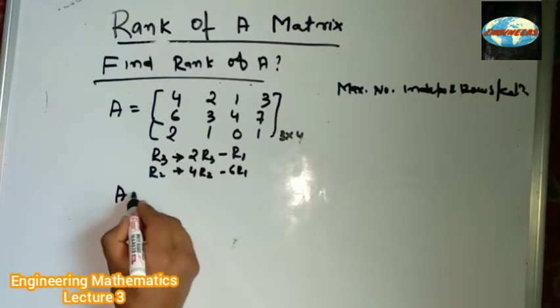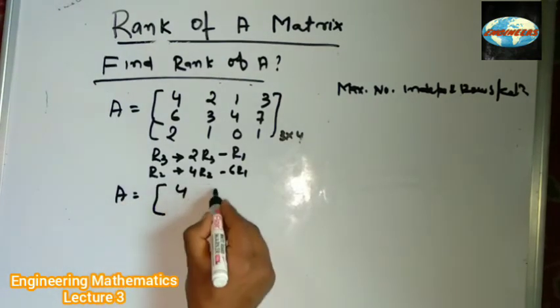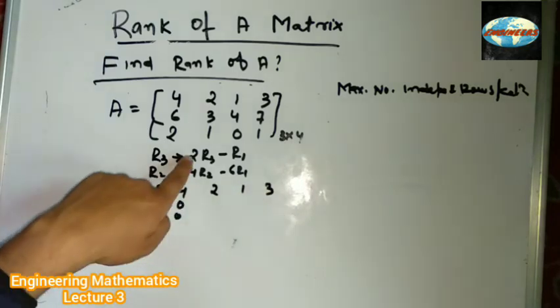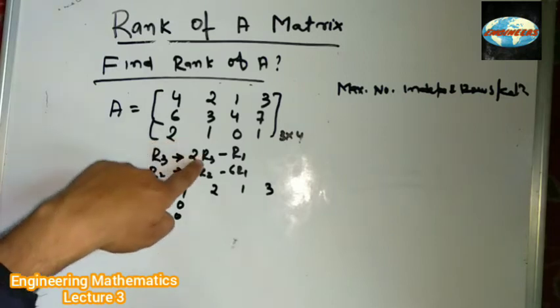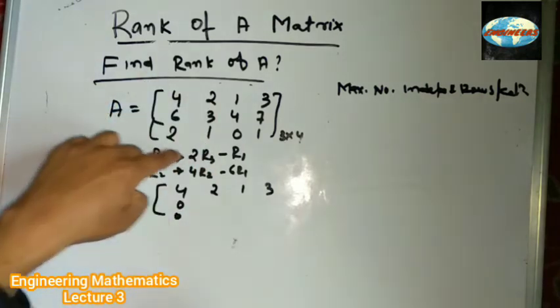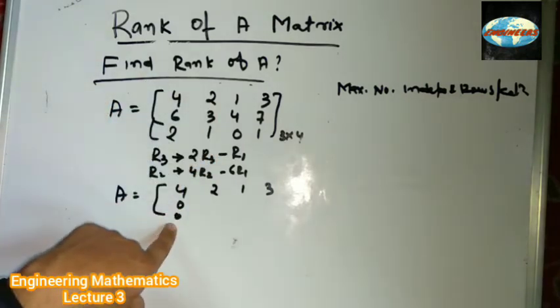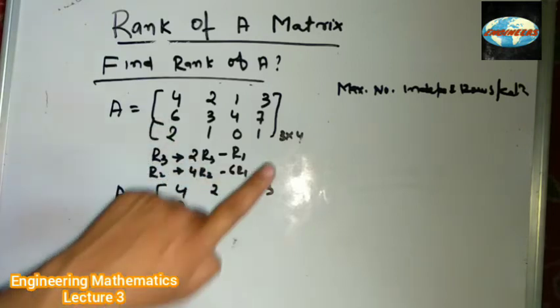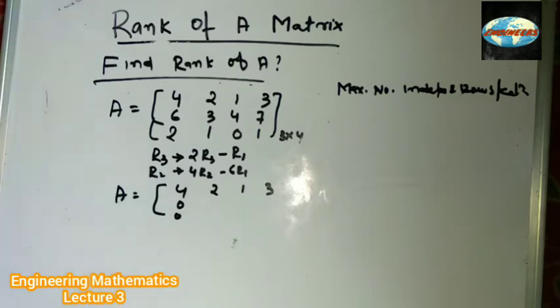We will get a matrix like this: 4, 2, 1, 3. These two will be 0, because 2 times R3 gives 2 into 2, 4, minus R1, that is 4, so 4 minus 4 is 0. Similarly 4 times R2, 4 into 6 minus 6 into 4, is also 0.